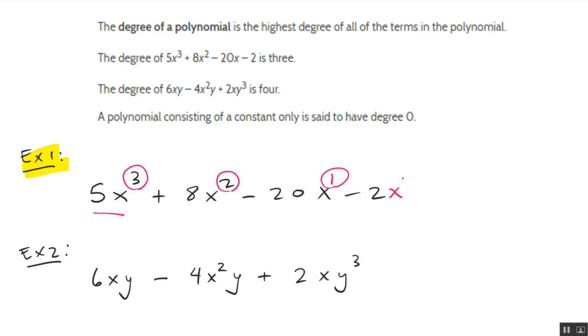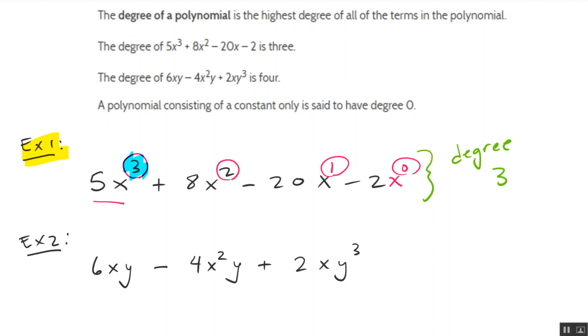And the last term can be considered to have a degree of 0. So which of these is the biggest? Well, it's this one right here. So if we look back at this, we would say that this polynomial right here has degree 3.